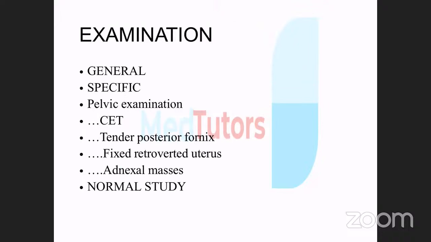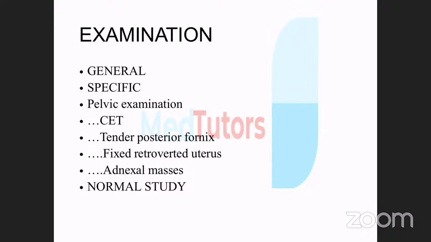When you have a patient with suspected endometriosis, how do you examine them? Of course, you want to do a general physical examination like all patients. And specifically, abdominal and pelvic examination are the key pointers to the possibility of endometriosis, particularly the pelvic examination, where you might find cervical excitation tenderness with a tender posterior fornix.